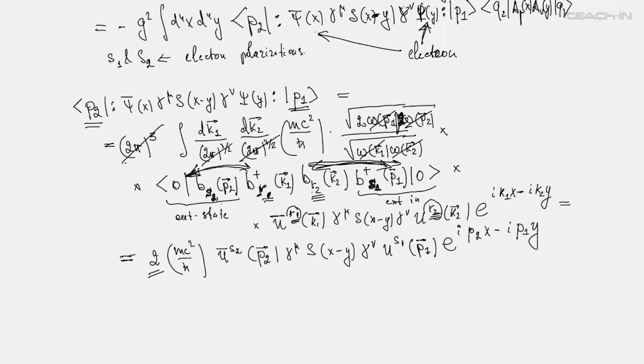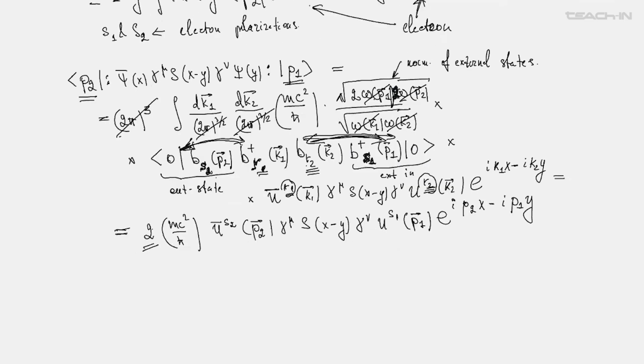This upper square root is the Lorentz invariant normalization of external states, or asymptotic states, as we call them. So this is the matrix element. It looks reasonably simple. And now we can plug it into our integrals.